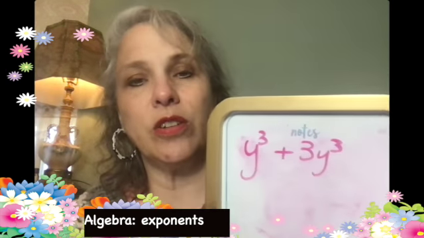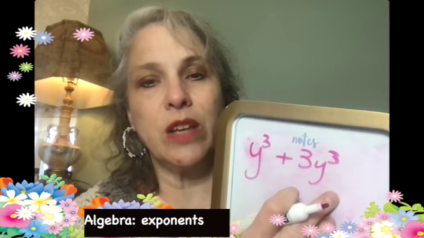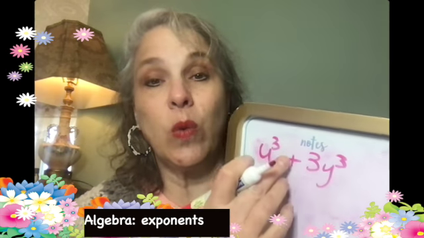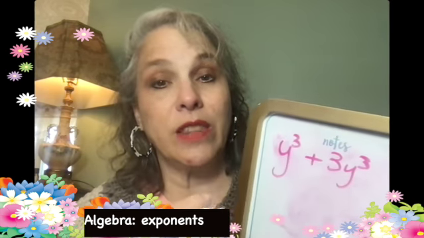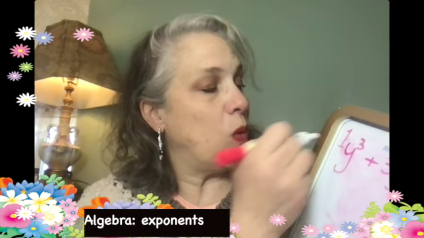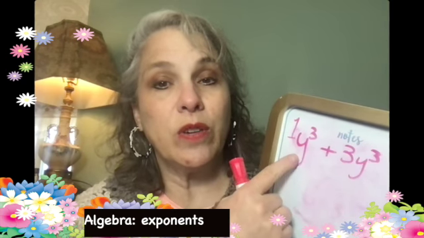So if I had y cubed plus 3y cubed, these are called like terms. This one has a y cubed and this one has a y cubed. Keep in mind that anytime you see a letter with an exponent like this, or just a letter by itself, there is an understood 1 here. We don't always place a 1 there, but we know there is a 1.